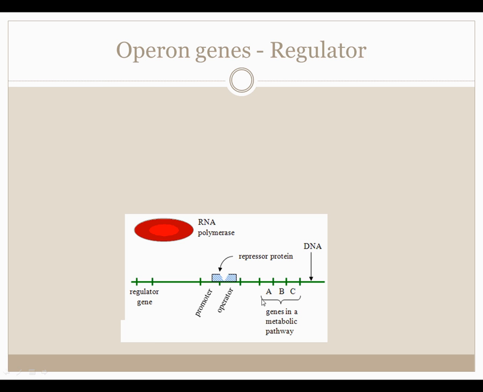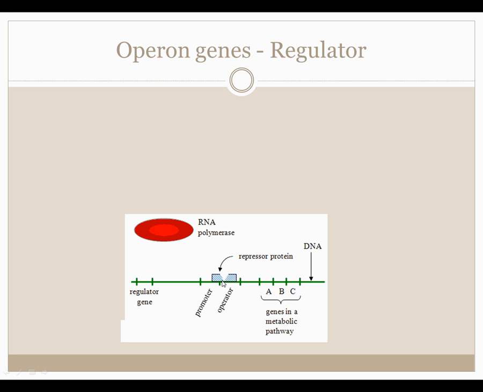So now this regulator that I was talking about, okay, we talked about lactose. Let's say this is for lactose and that makes enzymes to break down lactose. If I'm not drinking milk, I don't want to waste energy as E. coli to make those genes. So what I want to do is I want to have a protein right here.